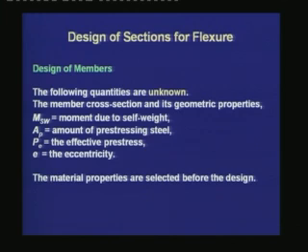We do not know the self weight moment or the geometric properties of the section. Also, we do not know the variables related with the prestressing. We do not know the amount of prestressing steel or the effective prestress or the eccentricity of the CGS at the critical sections. The material properties are selected before the design. That means before we design a member, we should know what are the materials that will be supplied by the contractor, and hence the material properties need to be selected before we start the design.